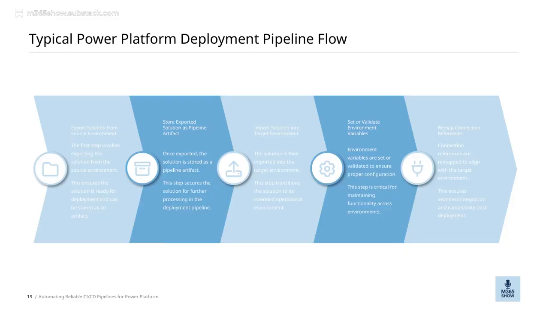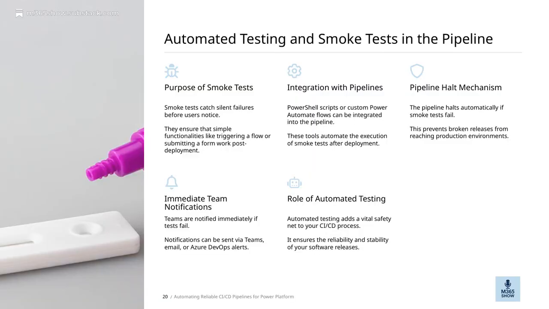Automated testing plays a crucial role in adding a safety net to your CI/CD pipeline. It helps us ensure that our software releases are both reliable and stable, reducing the risk of issues reaching production. When tests fail, teams are immediately notified, which is essential for quick resolution.